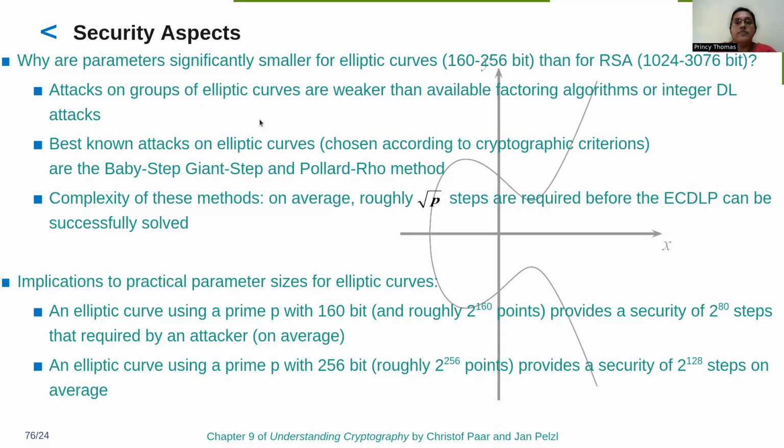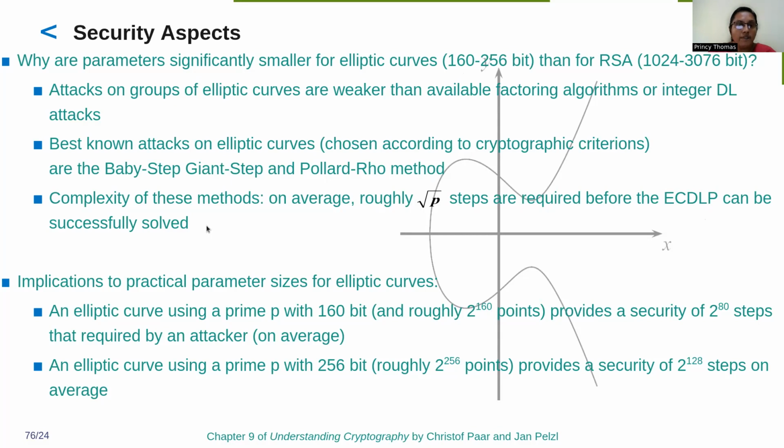They are weaker than the factoring algorithm or integer discrete logarithm attacks, which are possible on other systems. The best known attacks are baby step giant step and the Pollard rho method, and for any attack, roughly root of P steps are required before the ECDLP can be successfully solved. So 160 bits becomes sufficient.